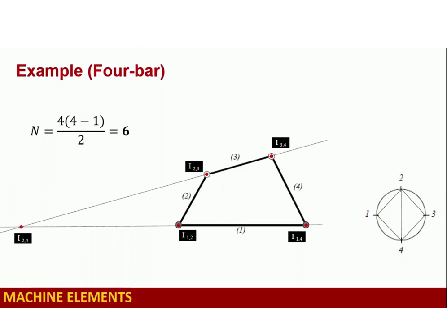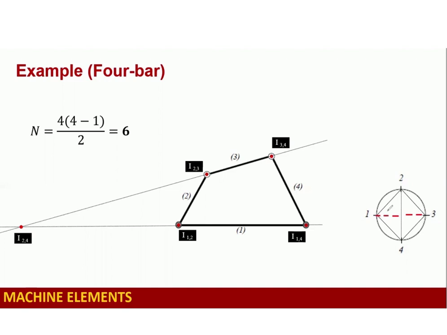Now, if you're going to draw another line connecting I13, you can see here that we can create other triangles. This is the method by which you can find the instantaneous center 1, 3: by making triangles and then looking for the sides of that triangle.